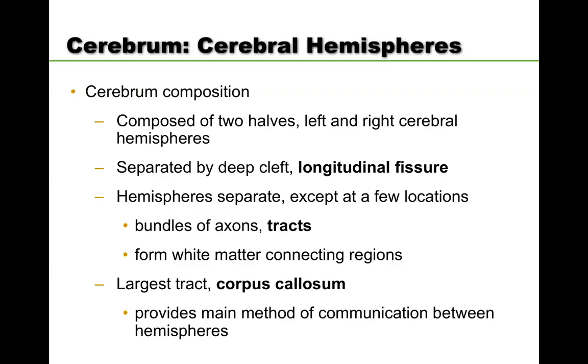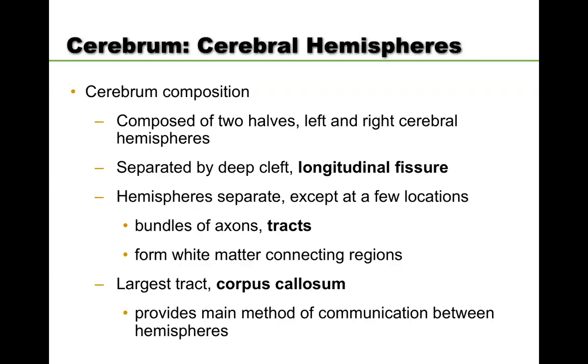They are connected with each other either by bundles of axons that go across from left to right, or sometimes they can go from top to bottom. Okay, so the largest tract that connects the left and right hemispheres is known as the corpus callosum, and it is a method by which these two hemispheres communicate with each other.